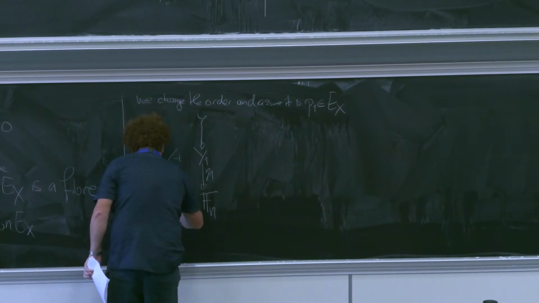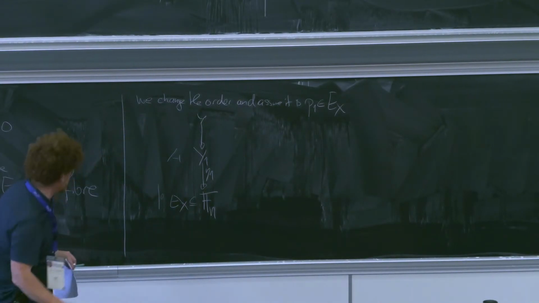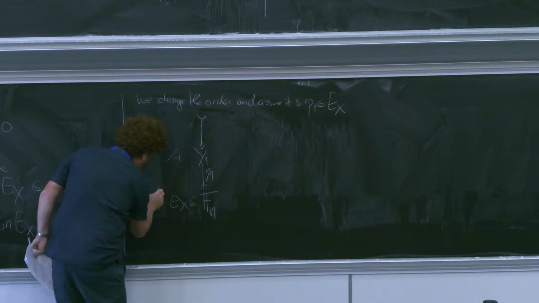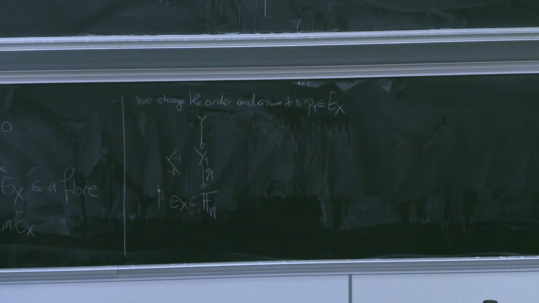You have one self-intersection 0, which is E_X, and then you have blown up 1 point. Then you get a -1 curve.